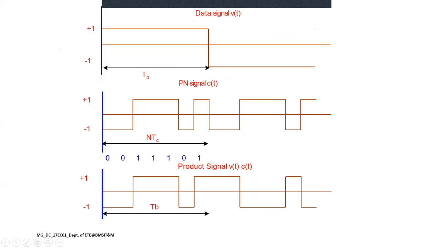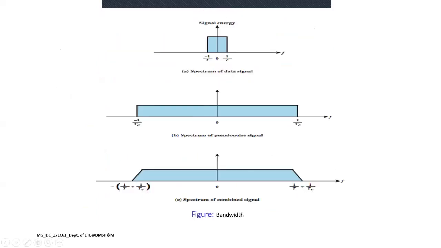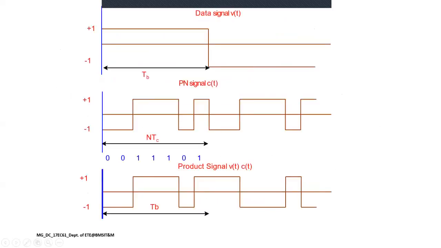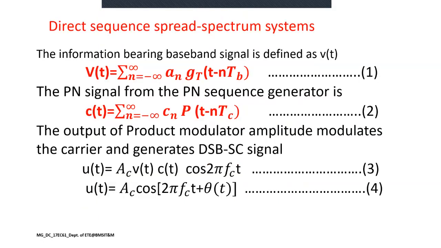I have taken so many ones; this is a bit duration, so I can say it is 1 and the next bit is 0. The bit duration is large. This is my input binary signal. And the next one is the pseudo noise signal, which is also a binary signal having an amplitude of plus or minus 1.